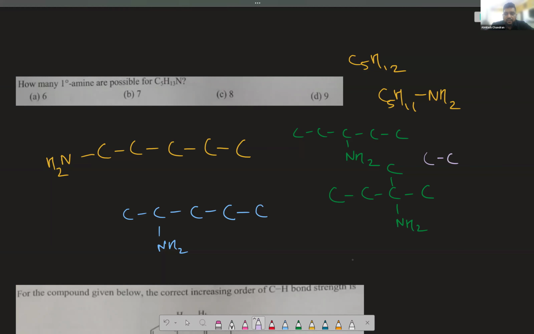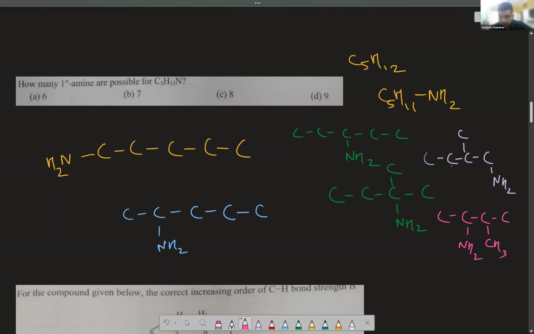So C, C, C, C, and NH2 here. This is 2-methylbutan-1-amine. Now, if I change the position of the amine to this third carbon, I can get one more. This is another possibility.